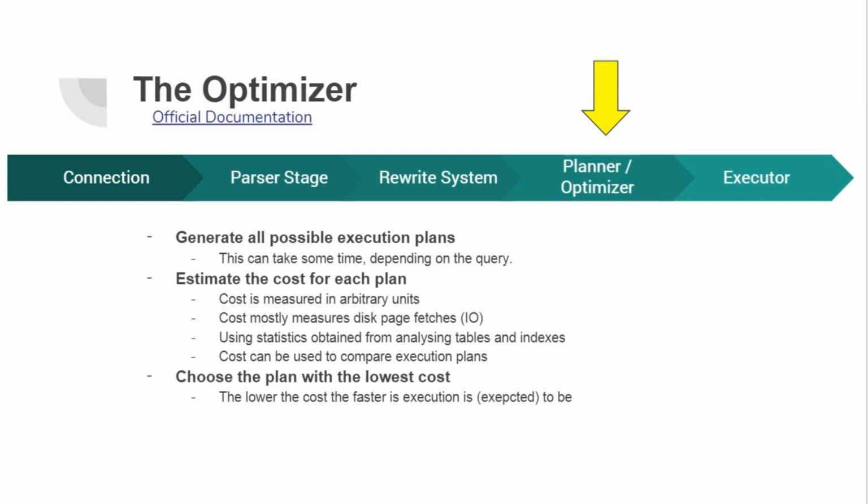The next step, once the optimizer drafted all the possible execution plans, is that it goes over each and every execution plan and tries to estimate a cost. Now, it's important to understand cost is an arbitrary unit. It doesn't really mean anything. It's just a measure the database uses that you can use to compare between execution plans.